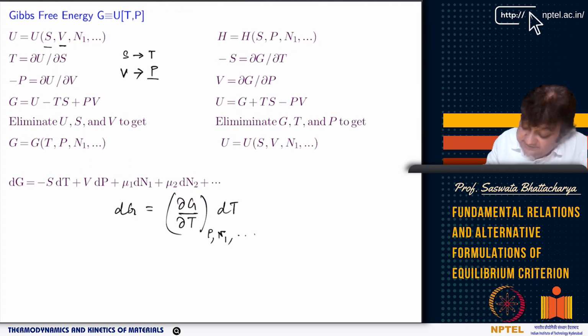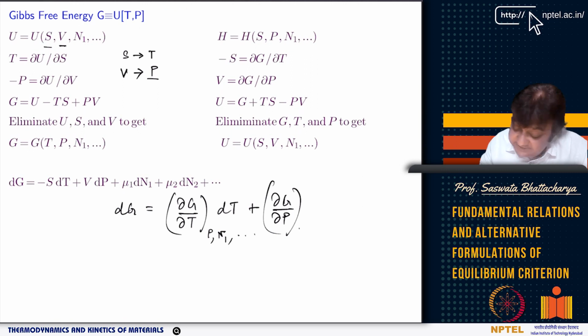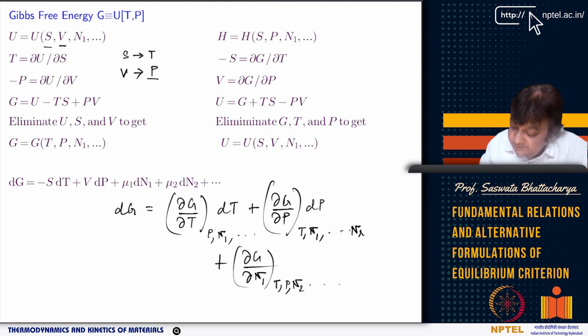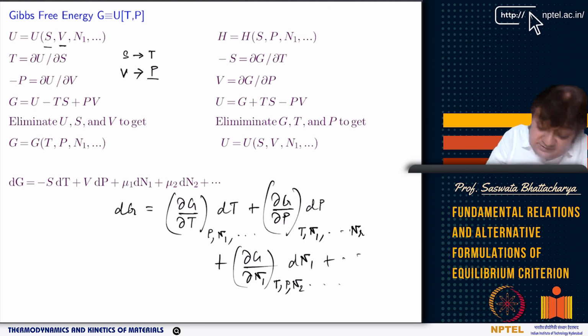Then you have del G del P, where T is constant and n1 and n2 are fixed, times dP, and then you have del G del n1, where T and P are fixed, times dn1, and n2 and so on. So del G del T is nothing but minus S, del G del P is nothing but V, and del G del n1 is nothing but mu 1, right? So this is one relation.